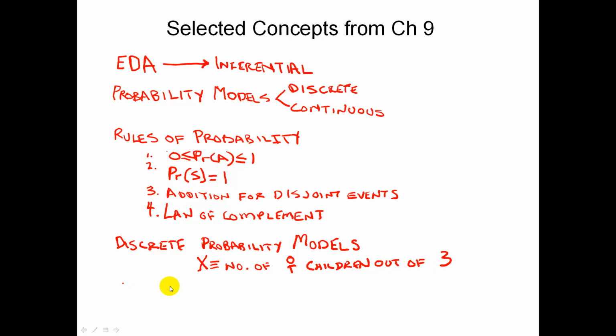Now we can define the sample space as x equals 0 girls, 1 girl, 2 girls, 3 girls. Those are the only possible outcomes in the sample space.